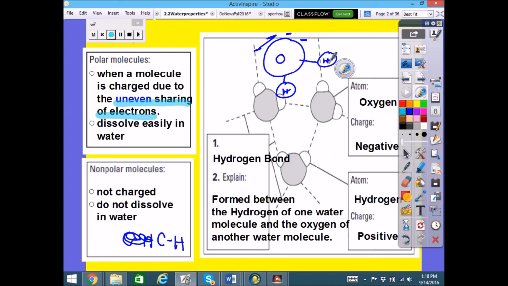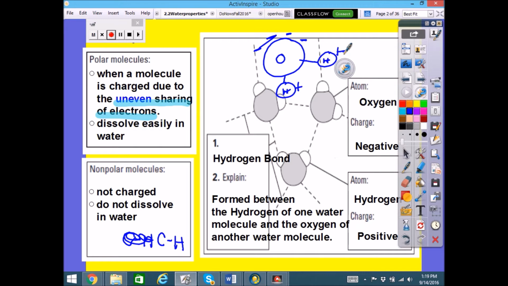That is where oxygen is pulling those electrons from. So since they're pulling the electrons from hydrogen, it makes the hydrogens slightly positive. That's why hydrogen is positive.